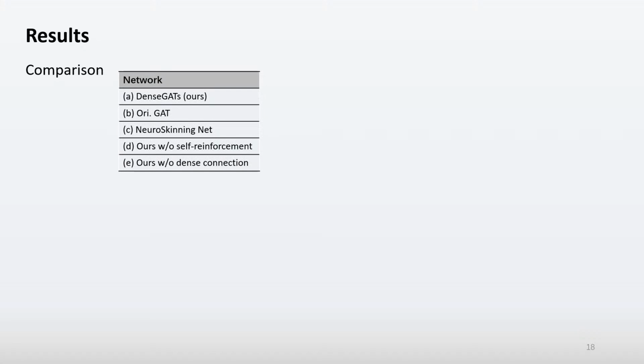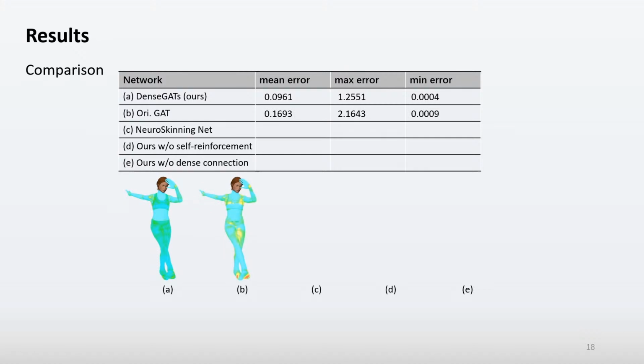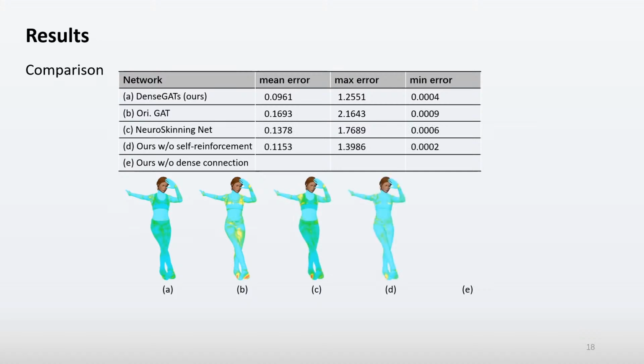We also provide a comparison with 4 other different network architectures. We evaluate the prediction distance errors. The first is the result approximated by our dense GATs, where almost all deformation could be well predicted. Then, we evaluate the architecture of the original GAT, the neural skinny network, and our dense GATs without a self-reinforced stream and without the dense connection pattern.